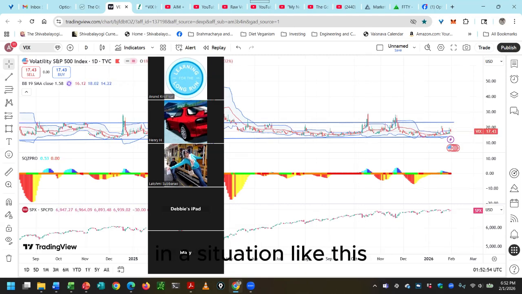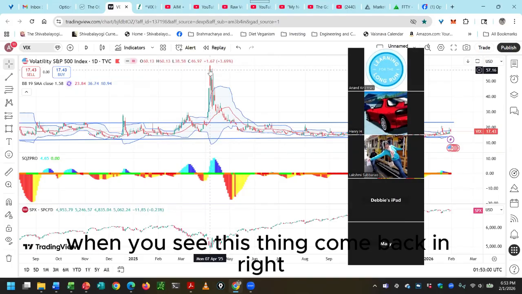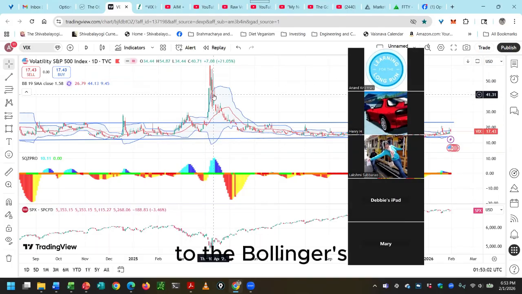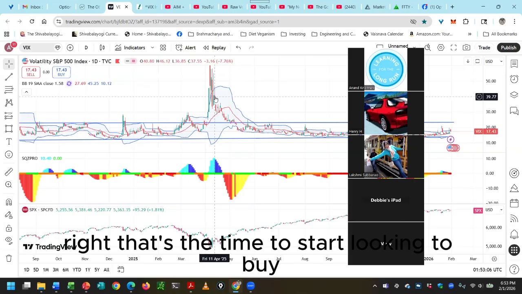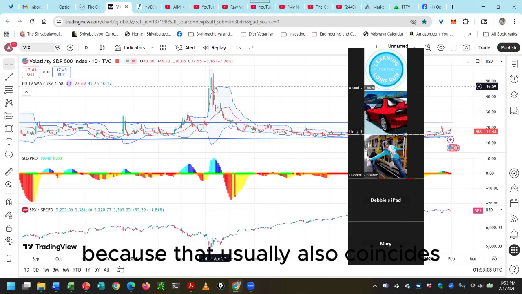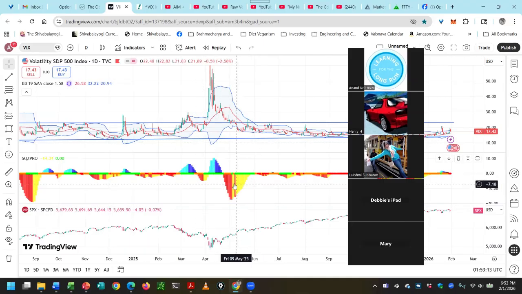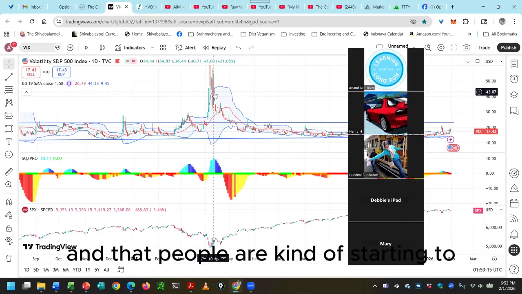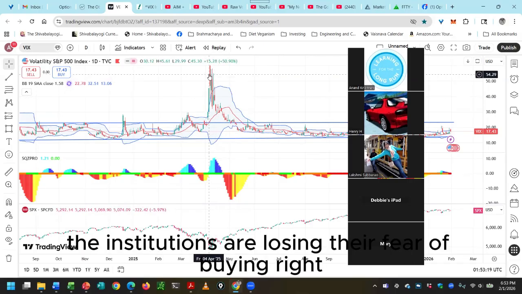In a situation like this, where it goes up to like the 60s, when you see this thing come back in to the Bollingers, that's the time to start looking to buy, because that usually also coincides with the squeeze going to the upside too. At least the smart money, so to speak, the institutions, are losing their fear of buying.